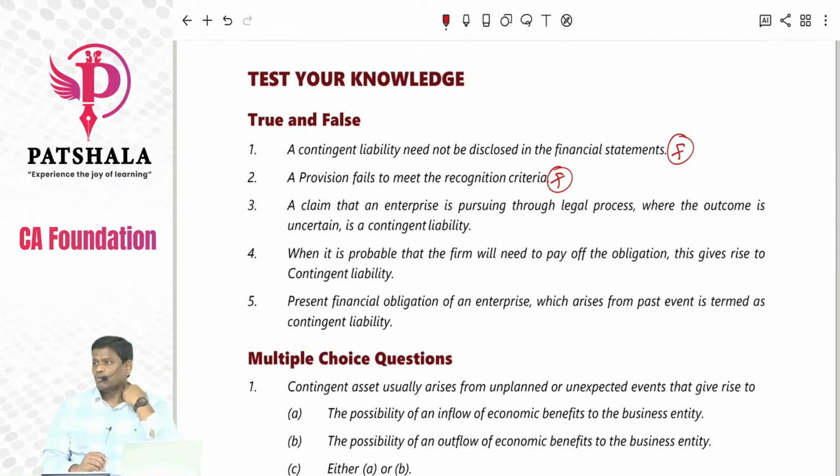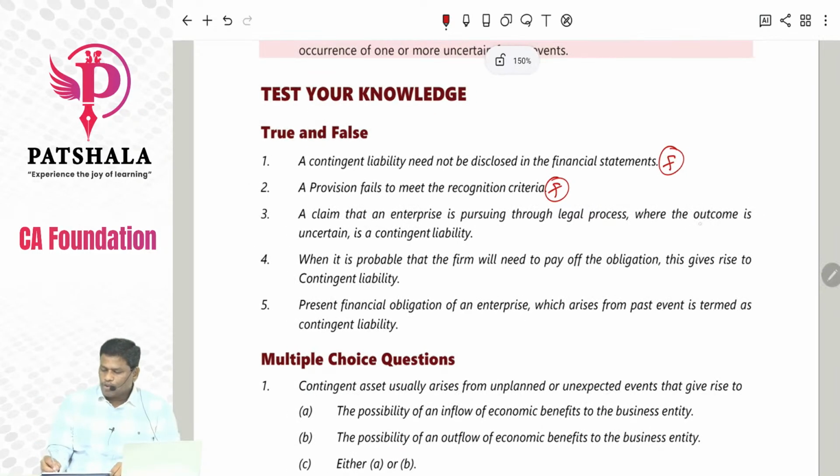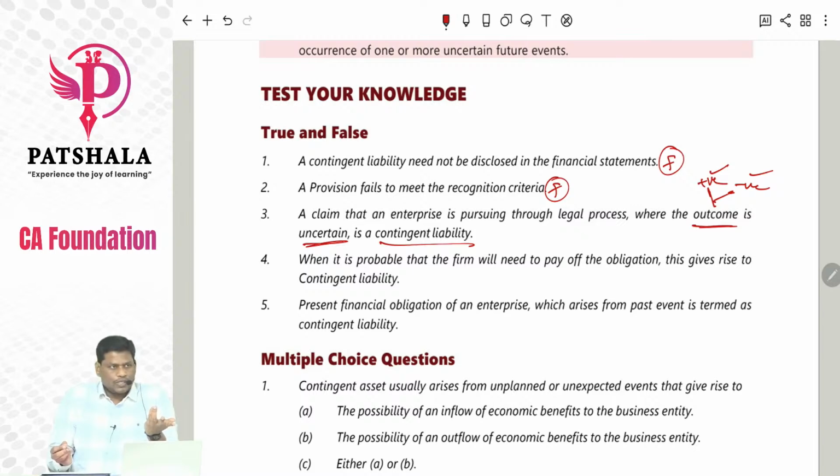It can be a contingent asset or a contingent liability. The outcome can be positive or negative. If positive, it is an asset, so why call it only a liability? So it is false.